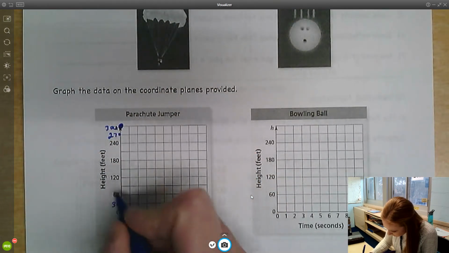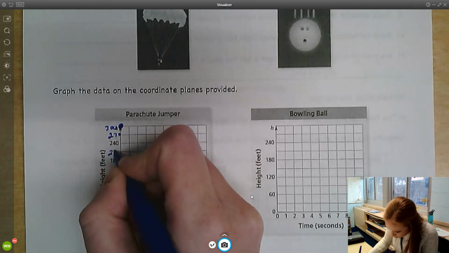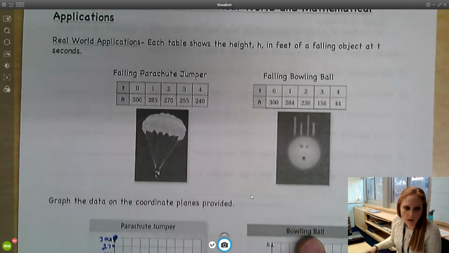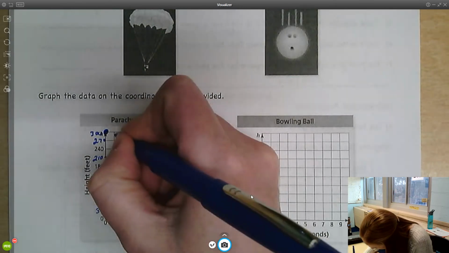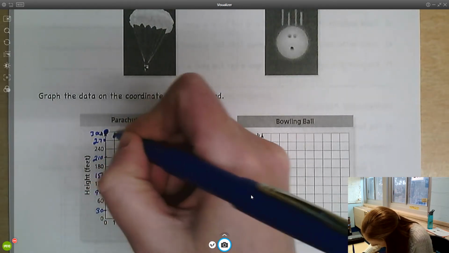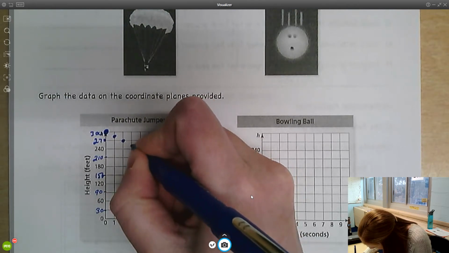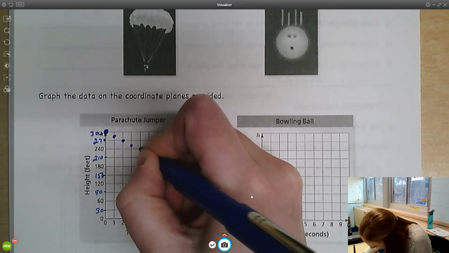We're counting by 30s. 150, 210, 240, 270. Okay. The next point is 1, 285. So that would be about here. The next point is 2, 270, 3, 255, 4, 240. And that's all the data that we have.